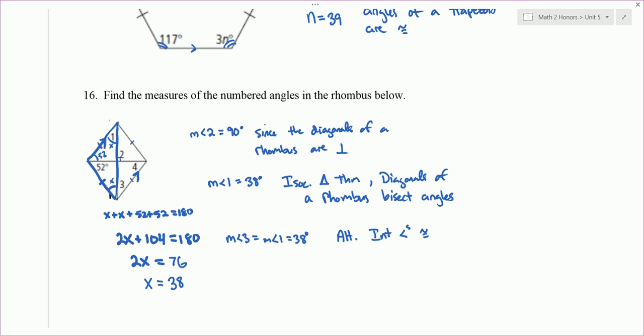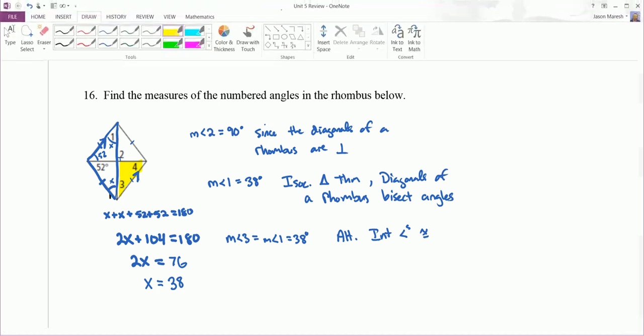And now we just need angle 4. So if we look at the bottom right triangle, the one I'm highlighting, that is a right triangle.